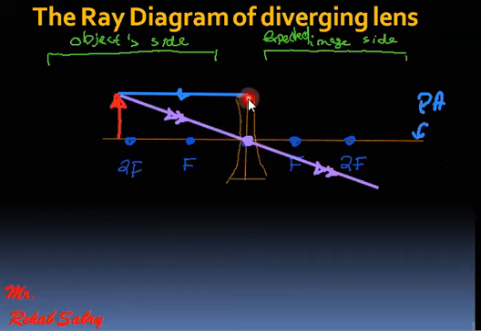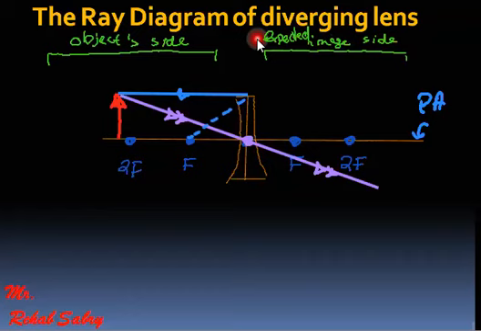Don't say it will diverge such that it goes through the focus. No, this is converging. It will diverge, it means it will go away, such that its extension goes through the focus. It seems to come out of the focus, like this. This will be the direction of the extension.